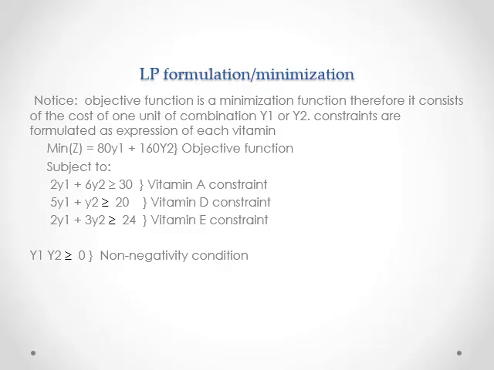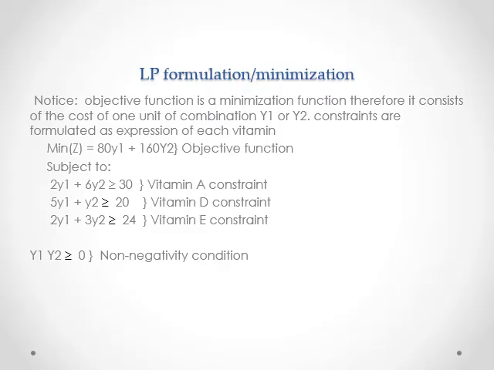Respectively, the objective function is min z equals 80 y1 plus 160 y2. $80 and $160 are the cost of 1 unit of each combination respectively.